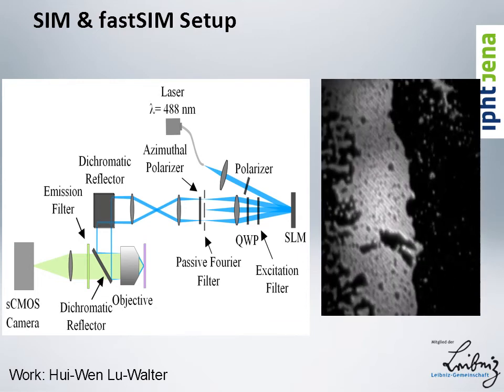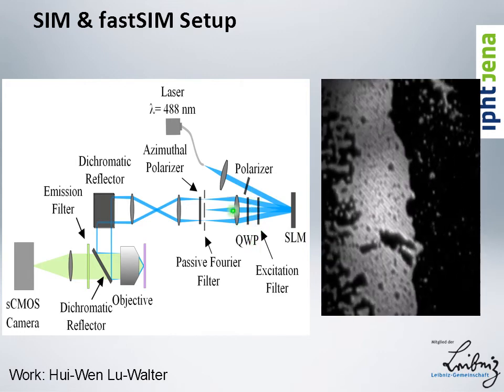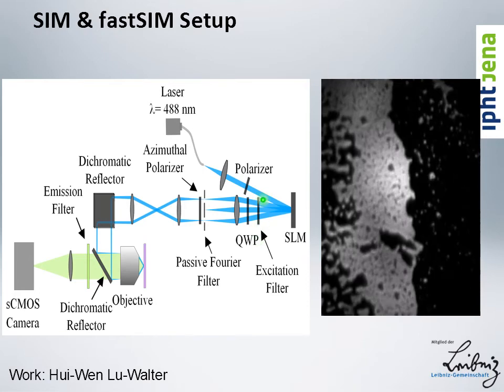It can be done quite fast because it's using a spatial light modulator. The spatial light modulator is illuminated by a laser, and then an excitation filter makes sure that only the right wavelengths come in there, to also prevent any fluorescence from the spatial light modulator. The quarter wave plate turns the linear polarization that you need for the spatial light modulator into circular polarization, which can then be filtered with a passive Fourier filter.